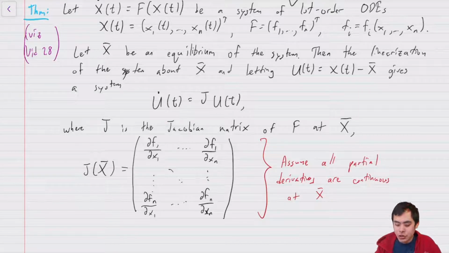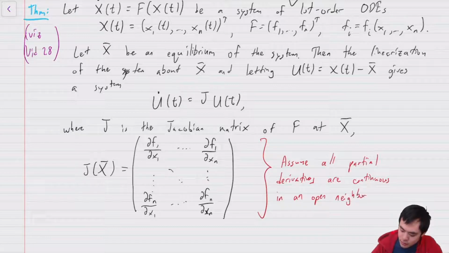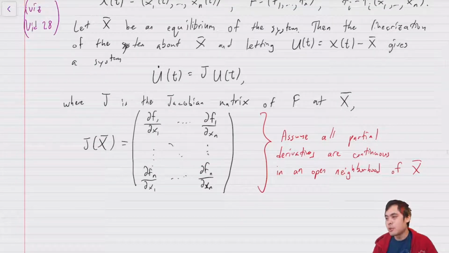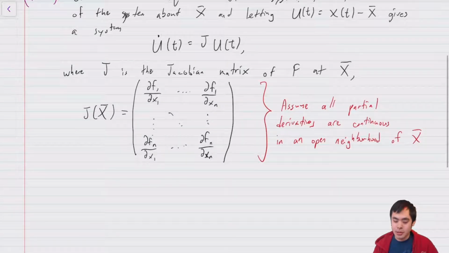And sometimes we'll actually want to assume that they're continuous in an open neighborhood of x bar. For some of the later theorems, we'll actually assume something stronger, that they're continuous everywhere, but we don't need that because this is entirely a local stability theorem.